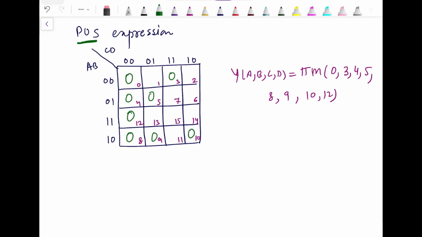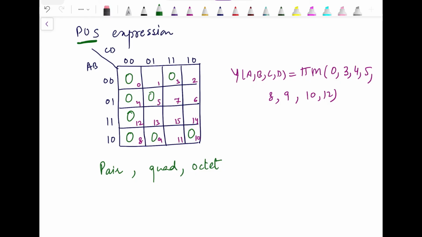Now again, in this case, the same combinations are possible: pair, quad, octet. And we always need to look for the octet first, whether there is any octet possible in the K-map. Whether this is the K-map for the minterms or for the max terms, we always need to look for the octet.